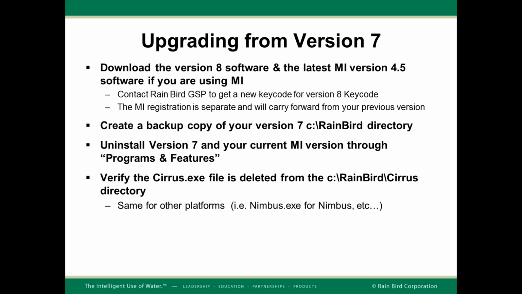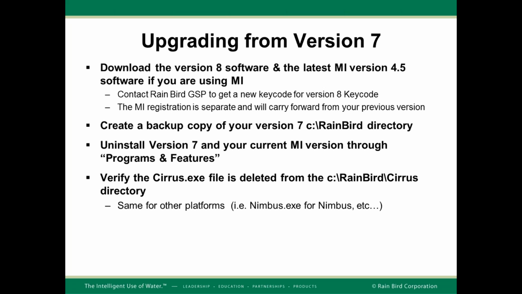If you go into your Rainbird Cirrus directory, you want to look for the cirrus.exe file. And if that file is in that directory, just delete the file, because that's going to be the previous version of Cirrus.